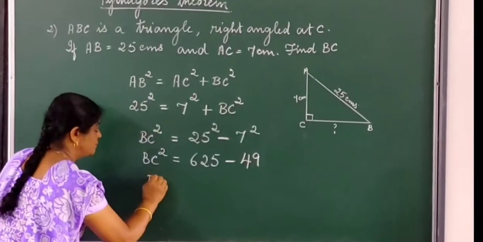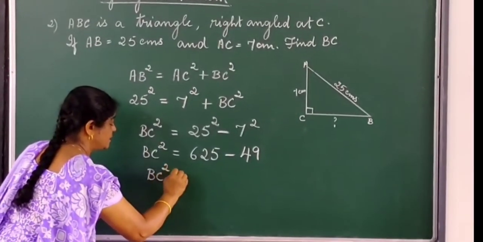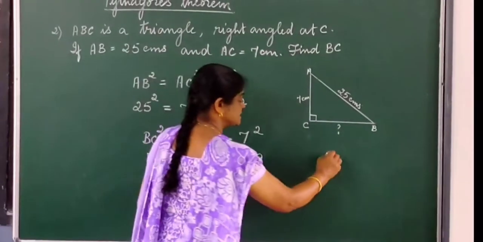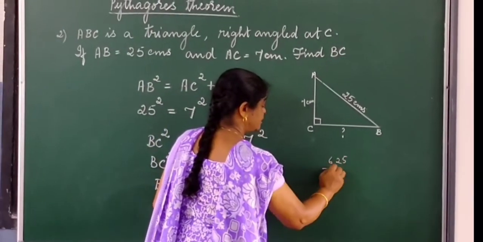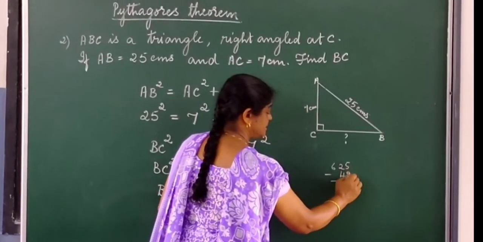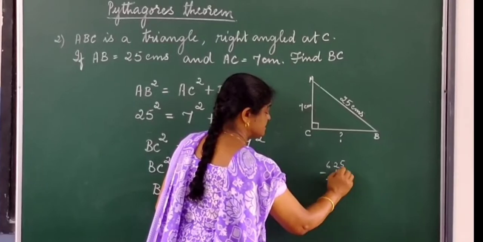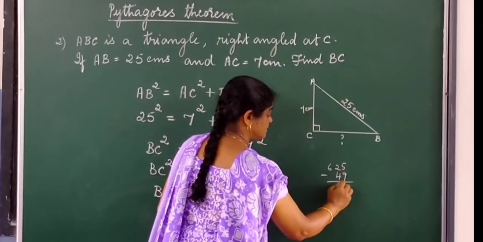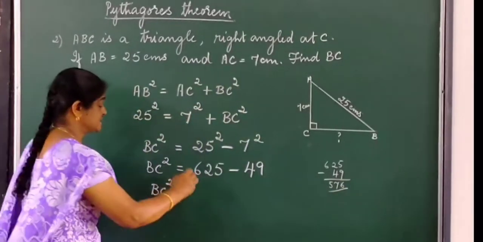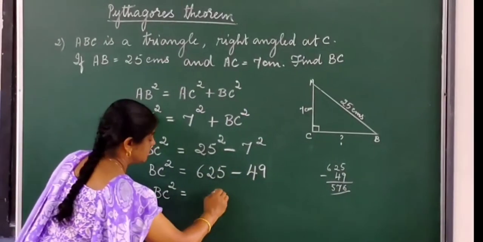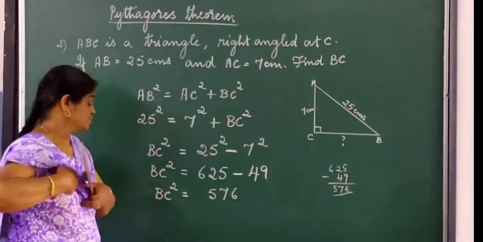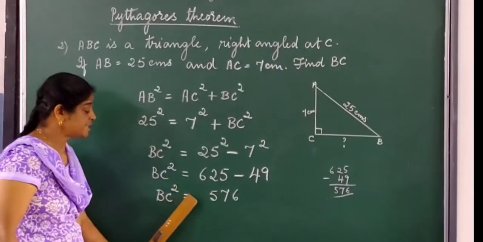So BC square is equal to 625 minus 49. When you subtract, you will get 576.